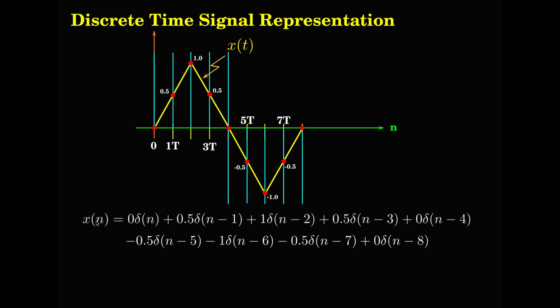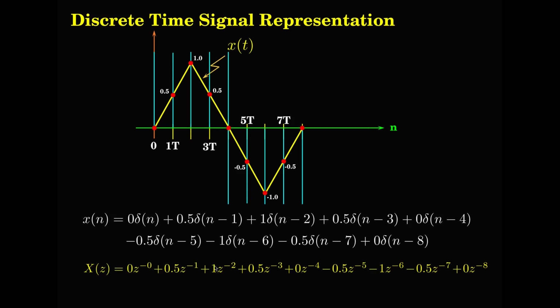Now if you represent it as a Z transform signal, X of z, it is 0 z to the power of minus 0. So this is at time 0. 0.5 z to the power of minus 1 at 1 sample time.